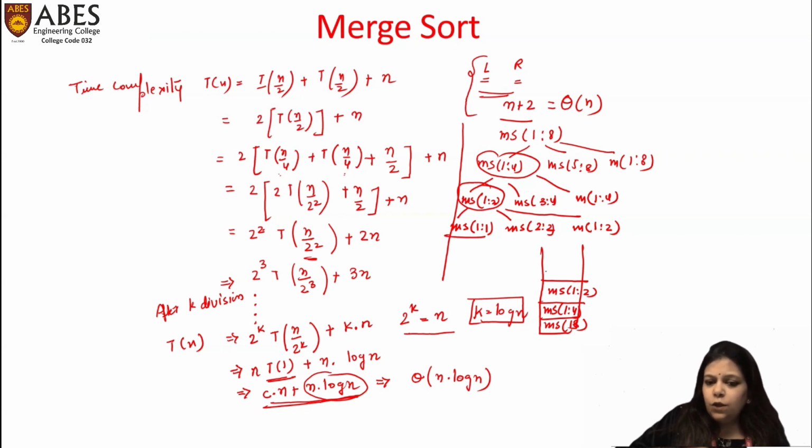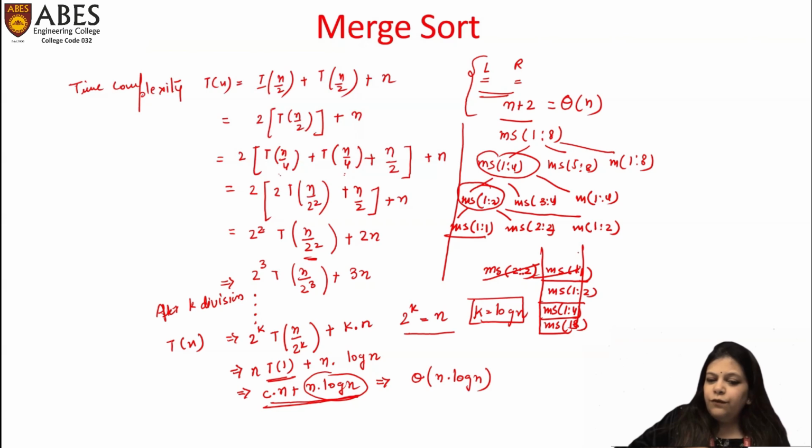Merge sort 1 to 1 will be stored in the activation record. After this, there will be no more recursive calls, and merge sort 1 to 1 will be executed. In place of this, we will get the next call, merge sort 2 to 2. Again, there will be no recursive call, and this will be deleted from the activation record.